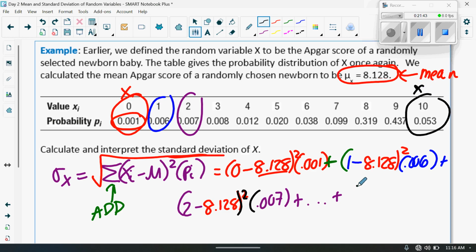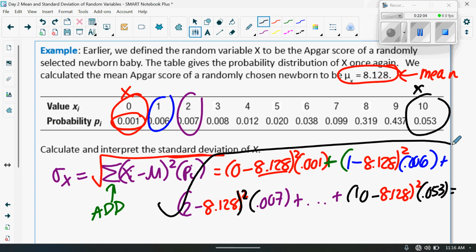So I'm going to do 10 minus the mean, 8.128, square it, and multiply it by its respective probability, which is 0.053. Okay, whatever I get from all that at the end, that would be the variance. I have to square root that whole thing to get the standard deviation. Ooh. Now, do I really want to do that by hand? Absolutely not. But it turns out the calculator will give us the answer as well.